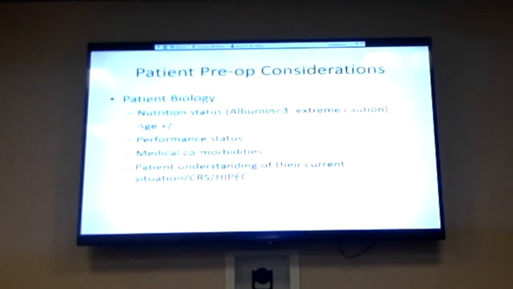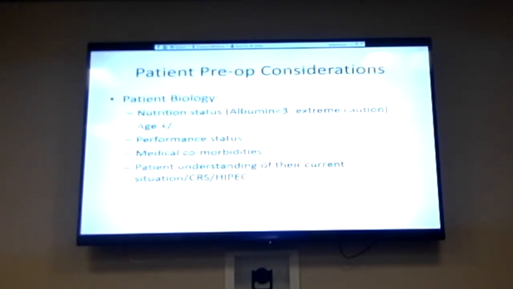Some pre-op considerations. This operation and procedure definitely takes a toll on patients, so you have to look at the patient biology and the nutritional status. Anything less than 3, you have to really proceed with caution. Age is a soft consideration, but something you should be aware of.